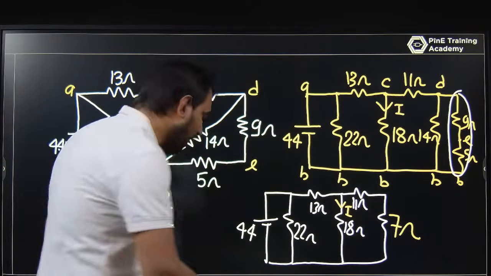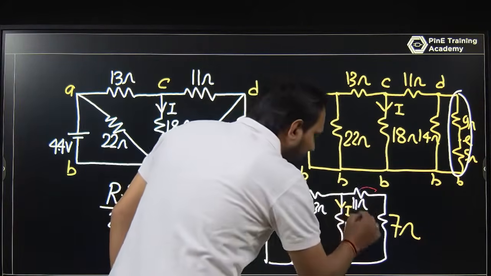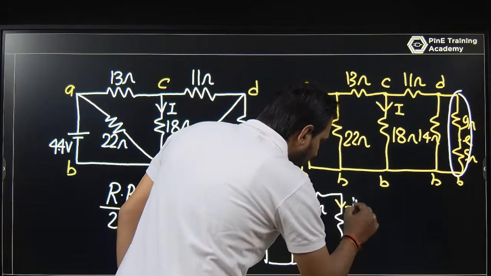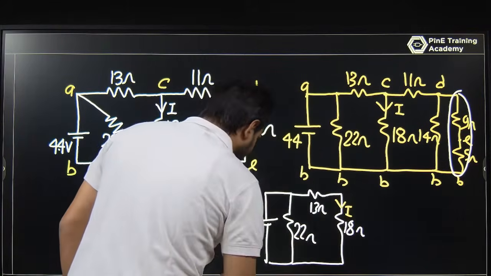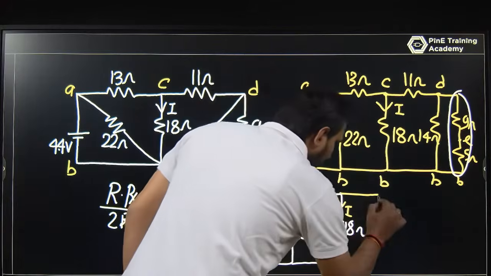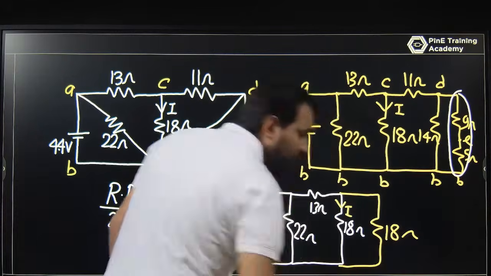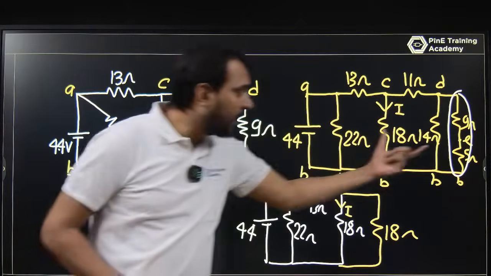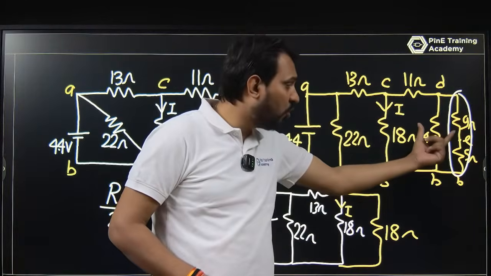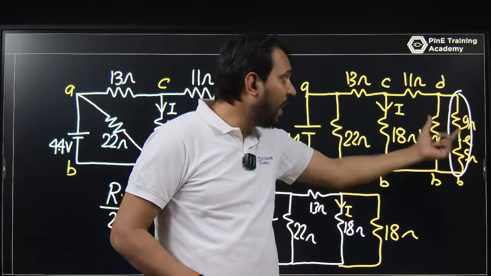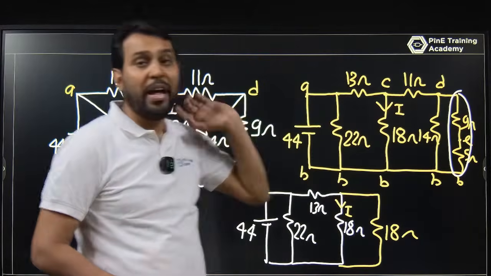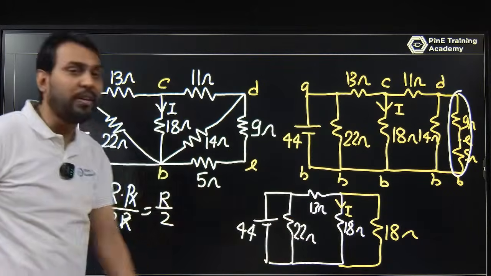If you are comfortable, in one line I can write it: 9 and 5 are in series, so 14 and 14 become 7, and 7 and 11 are in series, so it becomes 18 ohm.